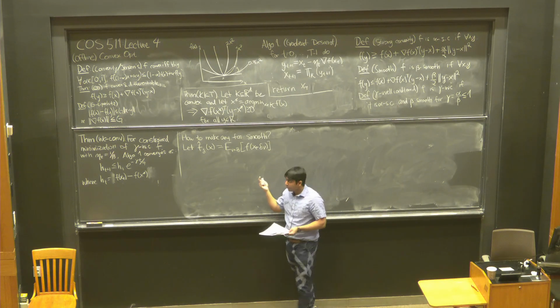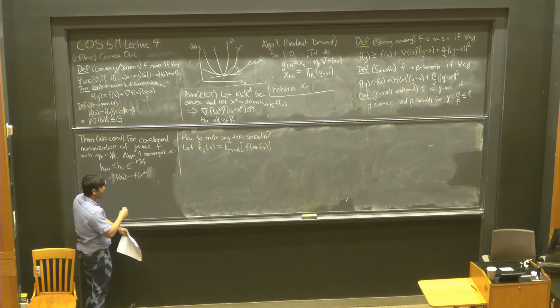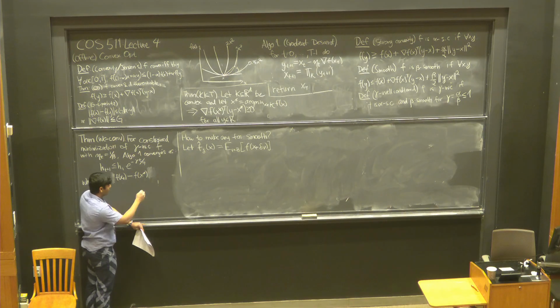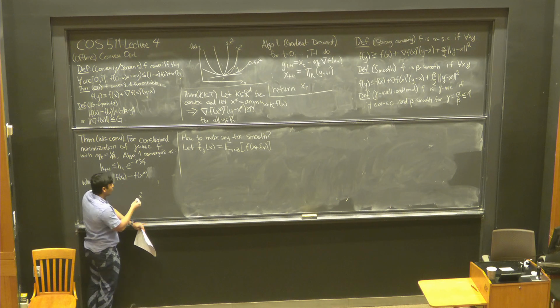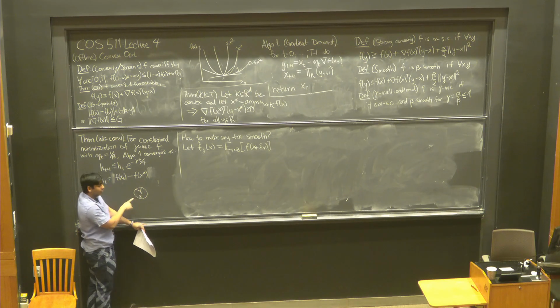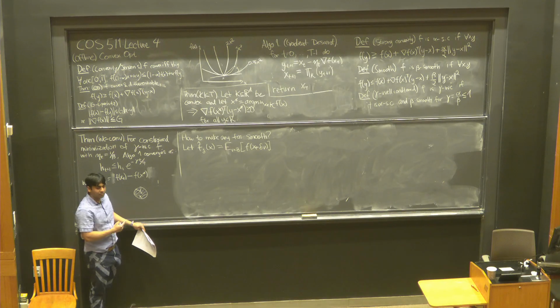So what did I just write here? I'm making a new function which has the following property. To find out at any point x what the value of this new function is, you look in a small ball of radius delta around x, and you average the value of the function over this small region.